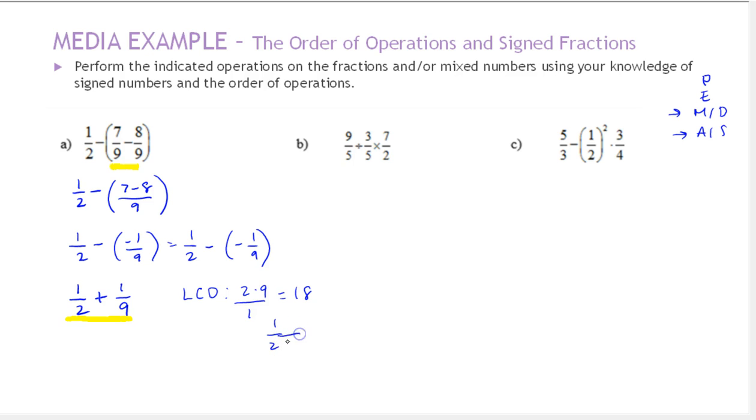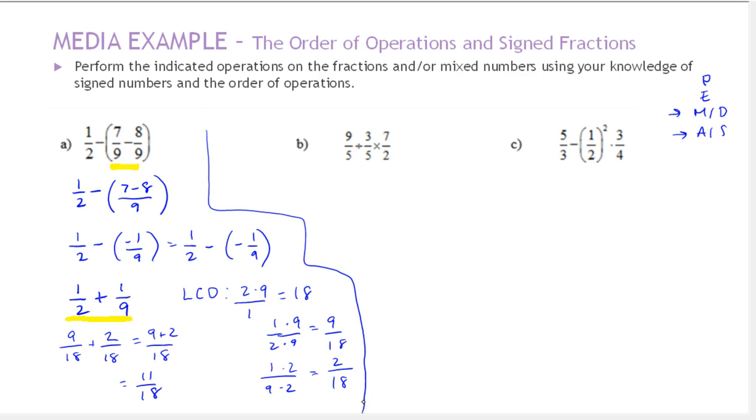So 1/2 over 18 is 9/18, and 1/9, to write that over 18, I'd multiply by 2, so that's 2/18. So 9/18 plus 2/18 equals 9 plus 2 over 18, which is 11 over 18.